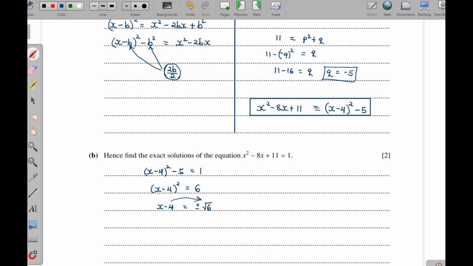Then when I take this one this other side, x is going to be equal to 4 plus or minus root of 6. And this becomes my answer. So one x value is 4 plus root of 6. The other one is 4 minus root of 6. But you can leave it like that, 4 plus or minus root of 6.